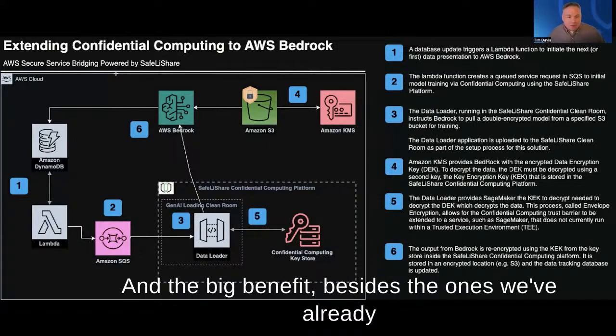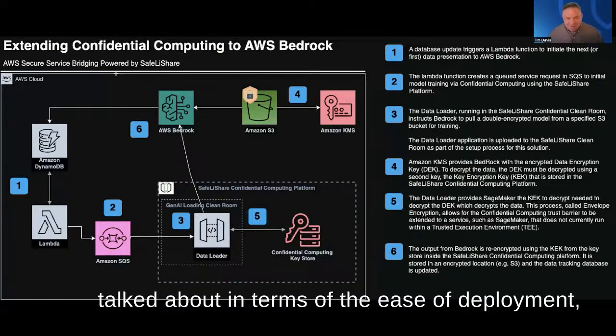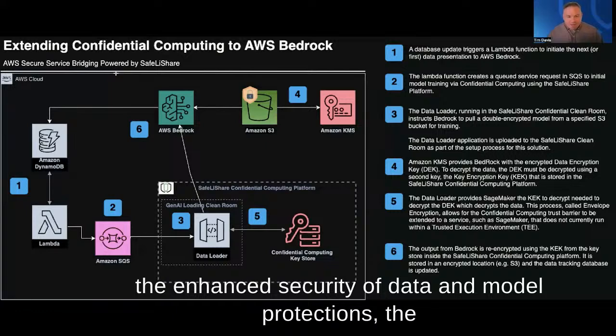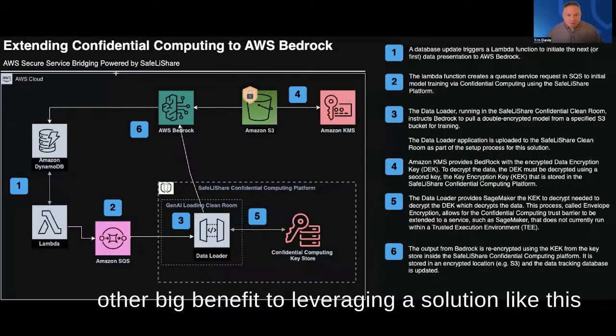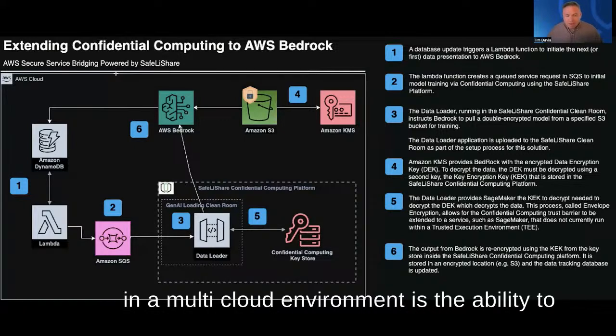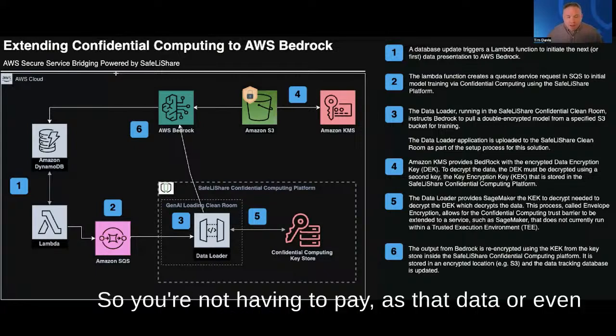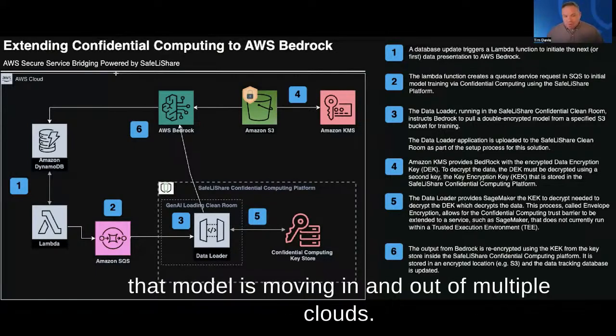And the big benefit, besides the ones we've already talked about in terms of the ease of deployment and the enhanced security of data and model protections, is the ability to avoid data transfer costs. You're not having to pay as that data or even that model is moving in and out of multiple clouds.